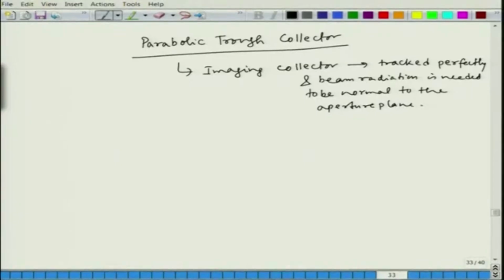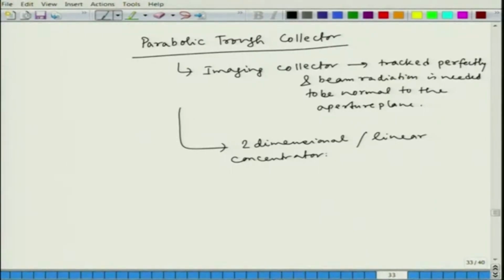Okay. And another way you can say it is a two dimensional or linear concentrator, because all the radiation is being focused to a line where the collecting tube is, but it is not being focused to a point.